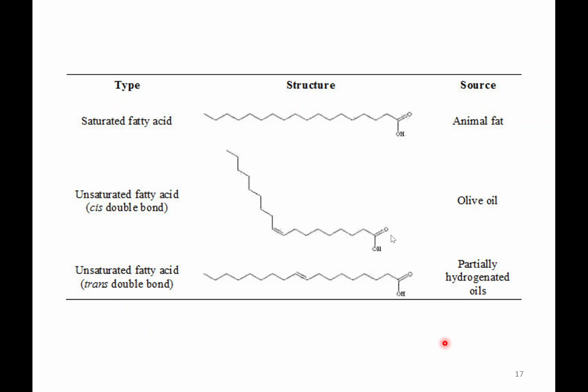They're liquids at room temperature. And then trans fats come from chemically processed oils, where you would take something like olive oil or some sort of vegetable oil and do a partially hydrogenated version of that, and it would change these into trans fats. And again, that structure gets very extended, linear, and so that provides very ordered packing, raising the melting point.